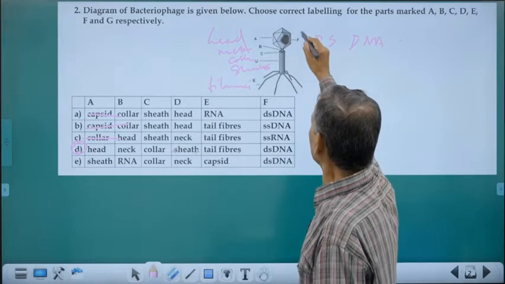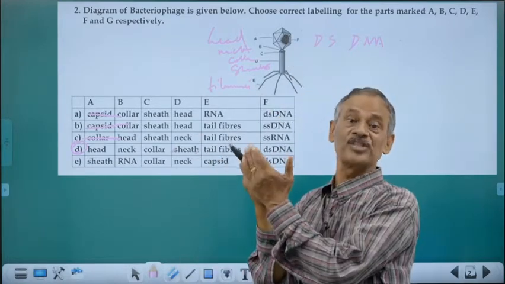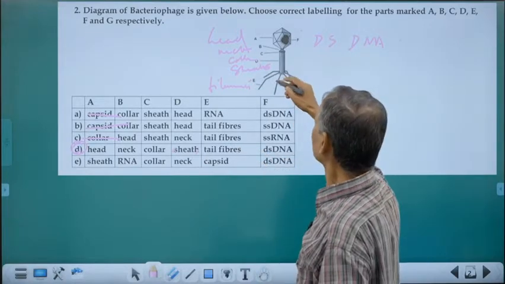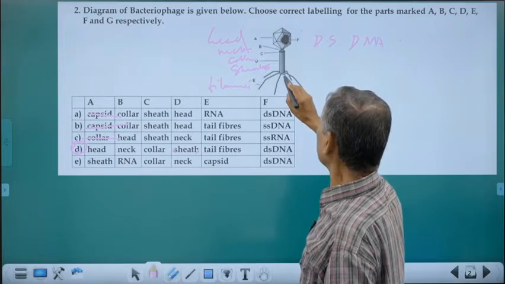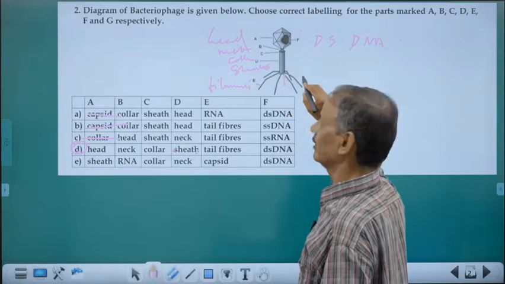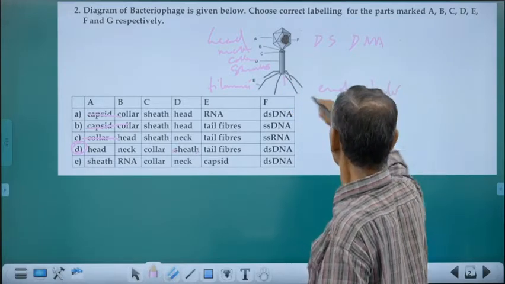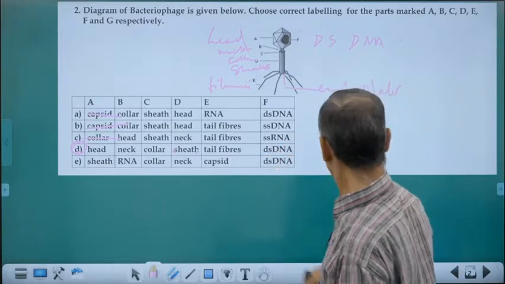Actually, this is the tail, and the tail has only the outer protein sheath, no inner core. So it is sheath, and these are the tail fibers. The sheath ends in an end plate. It is not marked here.